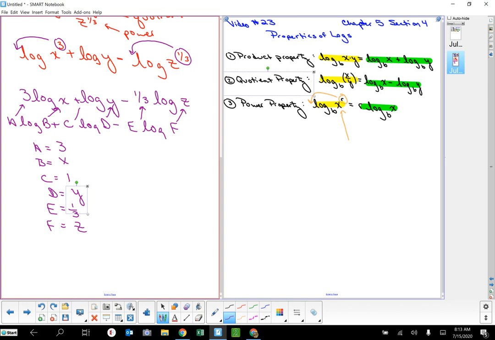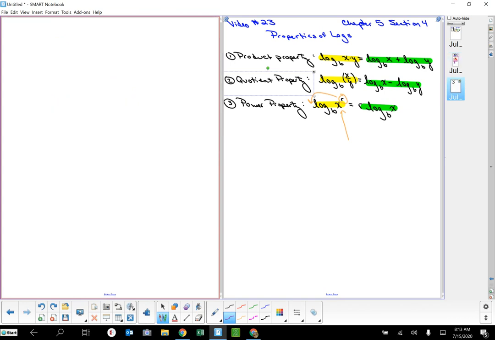All right, now let's go the other way. We'll do a new page. And you have 5 log base b of x minus 3 log base b of y. And you're asked to combine these. So the first thing I would do, you see these coefficients out here, bring these up and write these as powers.